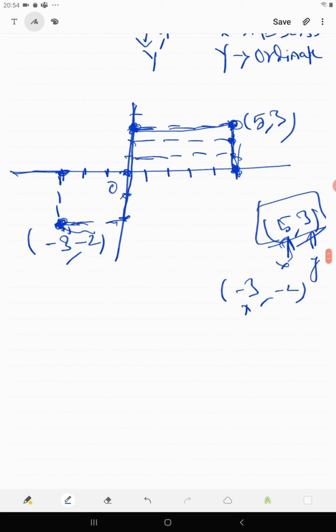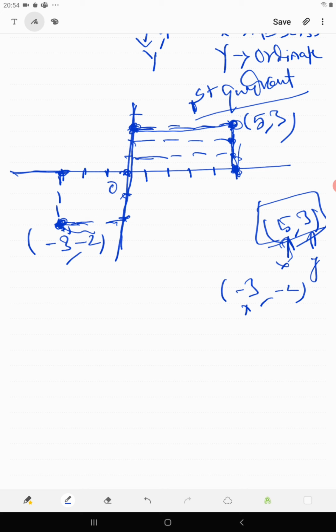Remember one more thing. Quadrant wise, this is called the first quadrant. This is anyhow not required, but for your understanding I want to tell you, it will be helpful in the trigonometry section.